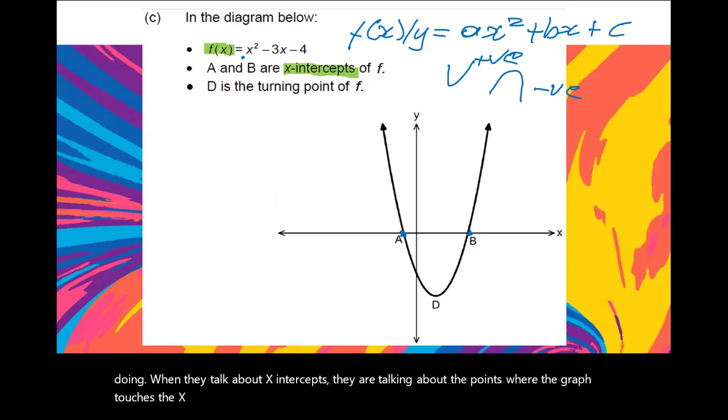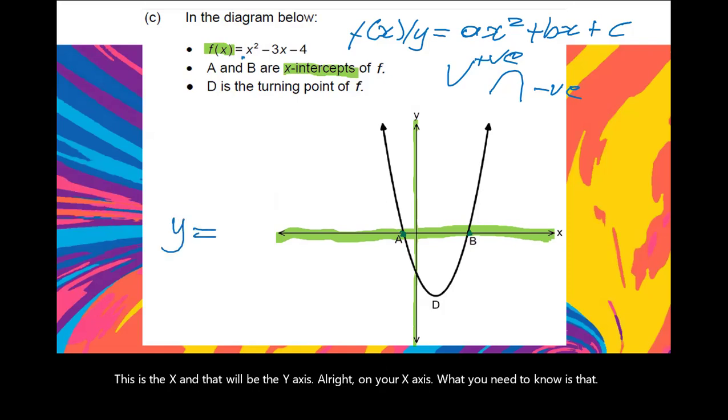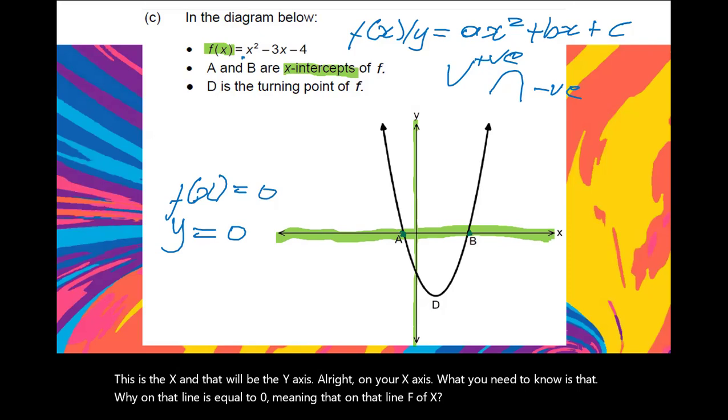This line here is referred to as the x-axis, okay? This is the x-axis, and that will be the y-axis, all right? On your x-axis, what you need to know is that y on that line is equal to 0, meaning that on that line, f of x is actually equal to 0.